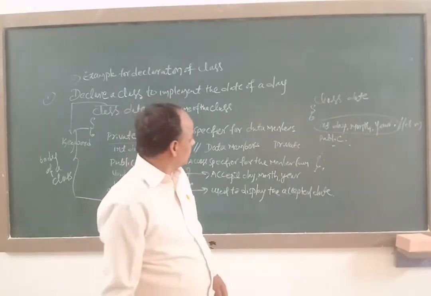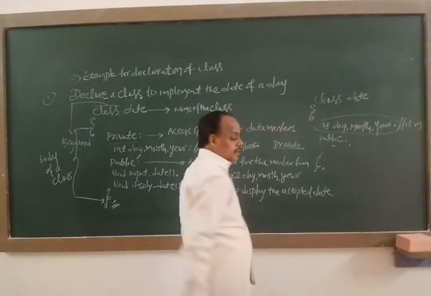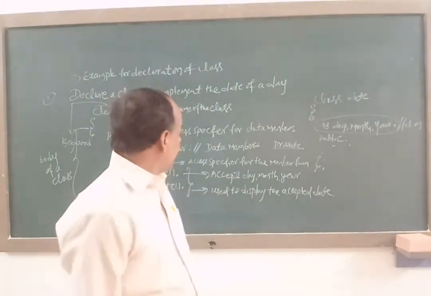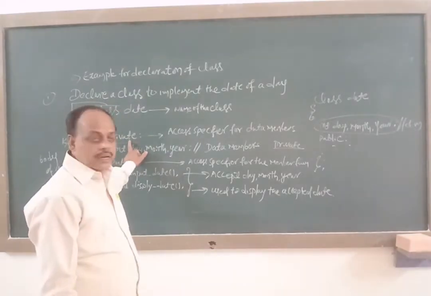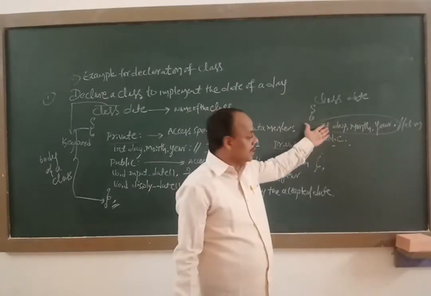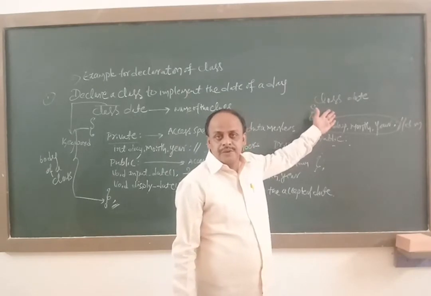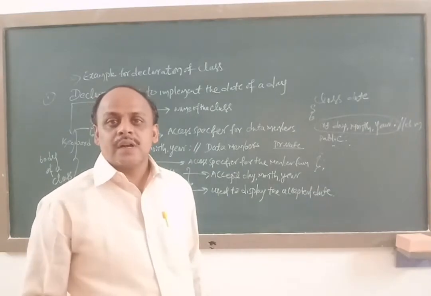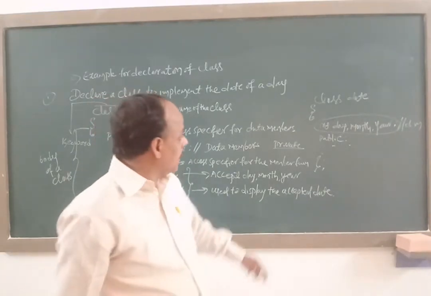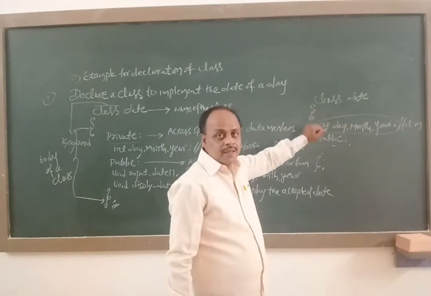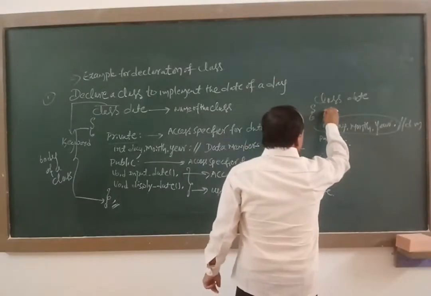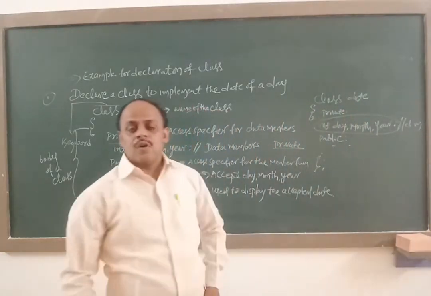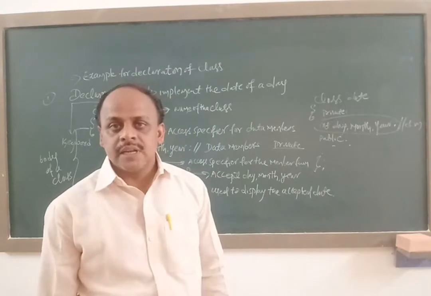That's why this private access specifier is optional. We can write like this, private, or else we can declare the data members like this without private. If we are not mentioning any access specifier, the compiler is going to consider it private by default. That's why writing the private access specifier for data members is optional.